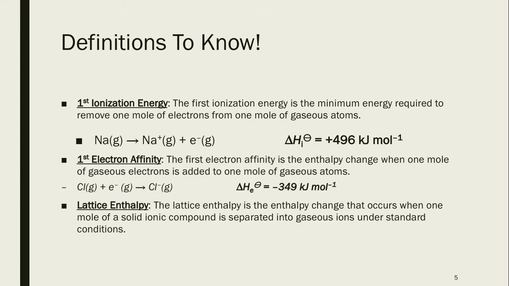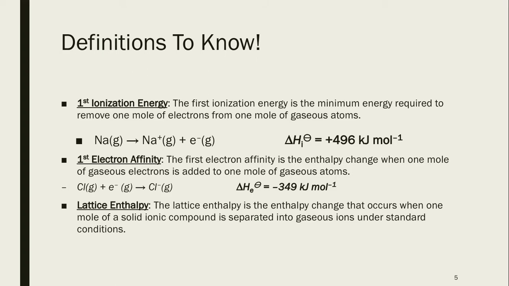The second definition that you need to know is the first electron affinity. And this is the enthalpy change when 1 mole of gaseous electrons is added to 1 mole of gaseous atoms. So in the equation, we see that chlorine is gaining an electron to turn it to the chloride ion. And again, we see the enthalpy of electron affinity.